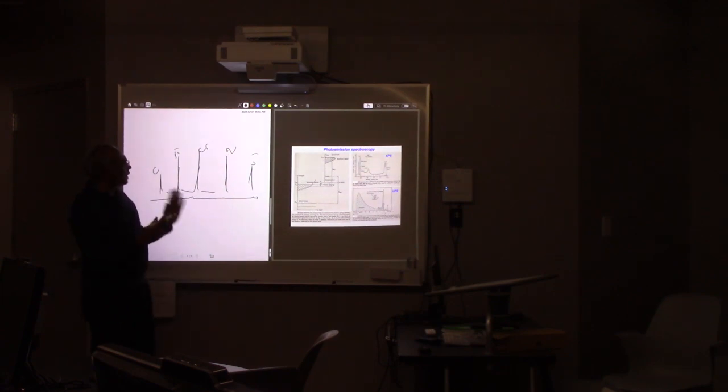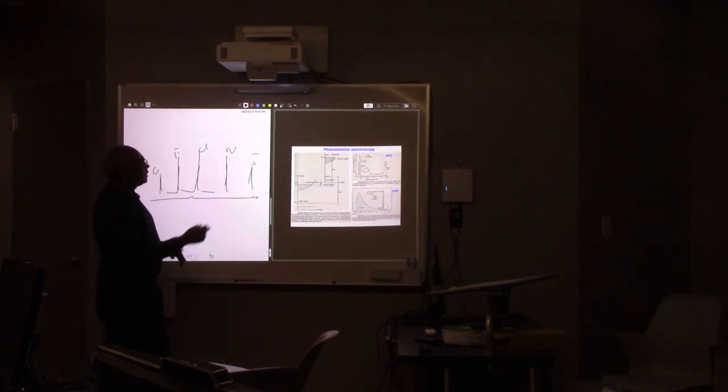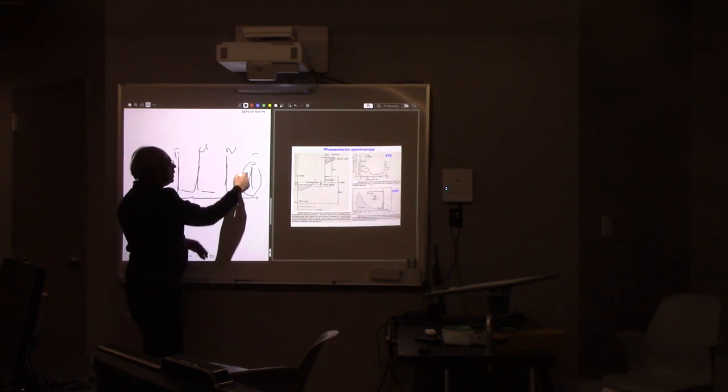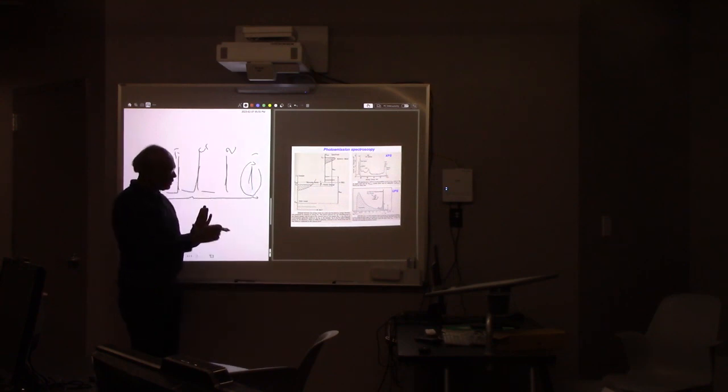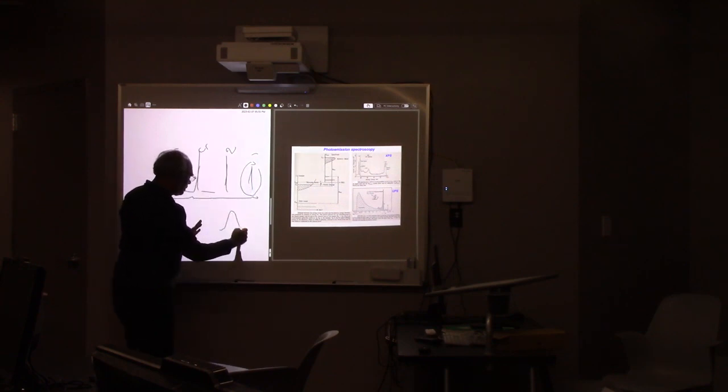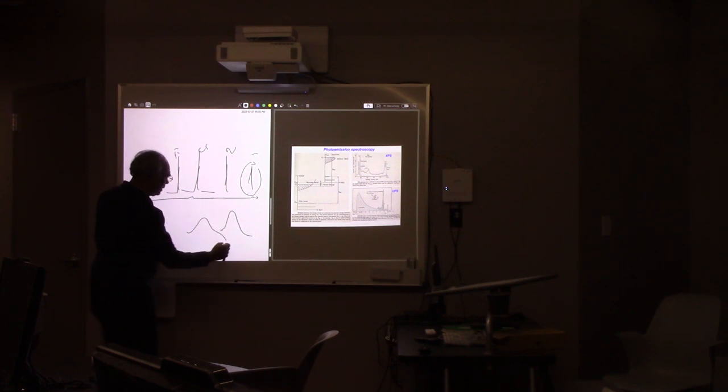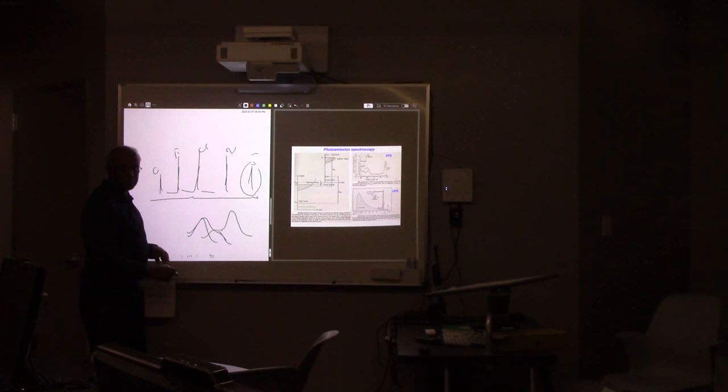Then, if you are interested in, say, the sulfur atom, just go here and look at this one in detail. Then you will see maybe a very nice peak. It may actually not be just one peak, it can be something like that. Then you can deconvolute it into two peaks like this.